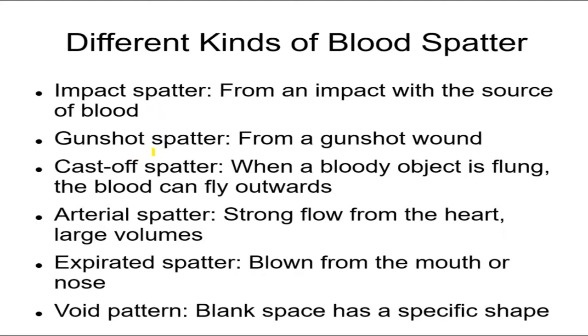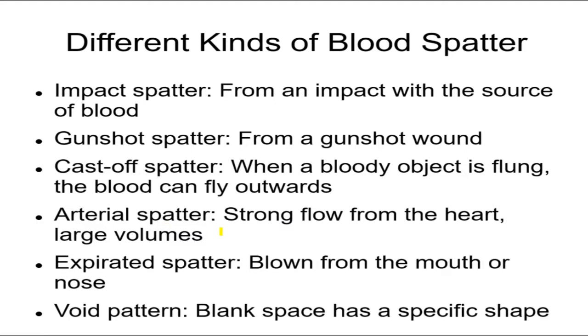Gunshot spatter can come from a gun: it shoots somebody, and the blood splatters onto the wall. Cast-off spatter comes when, again, a club hits a head, and the blood gets on the club. When the club swings back for another blow, it'll cause a certain kind of noticeable spatter on the wall, or on the floor, or wherever it ends up.